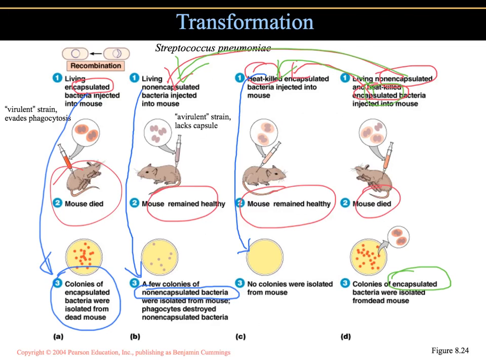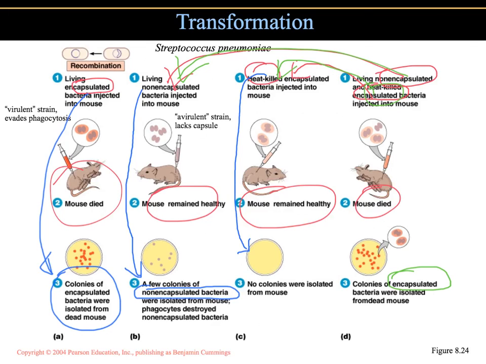Really the basis of this is the fact that in nature, some bacteria, perhaps after death or even if the cell breaks apart, will release the DNA into the environment, and then other bacteria, the living bacteria, will encounter the DNA, and they will take up pieces of the DNA and integrate them into their own chromosome.